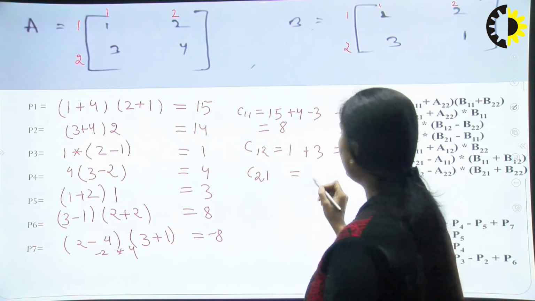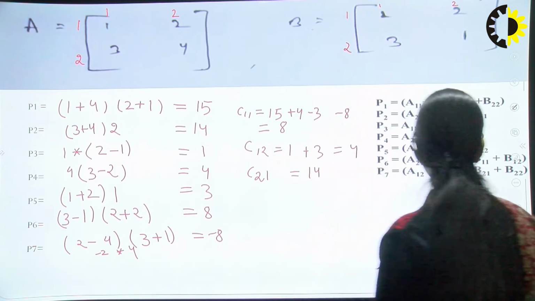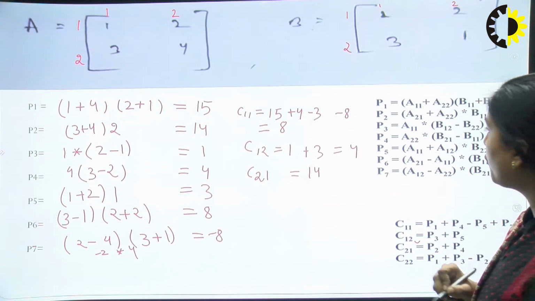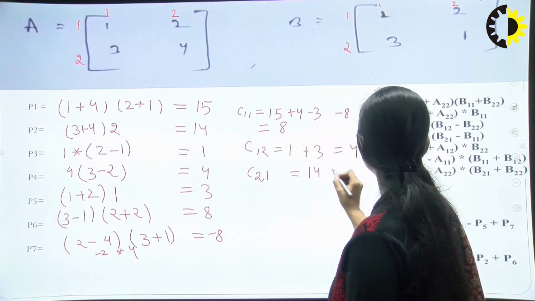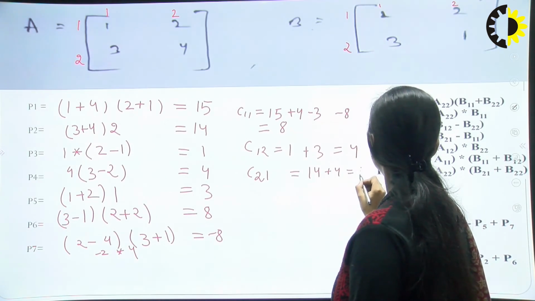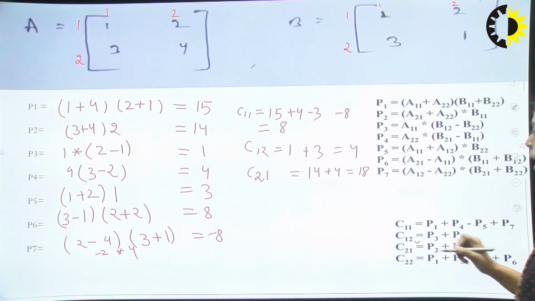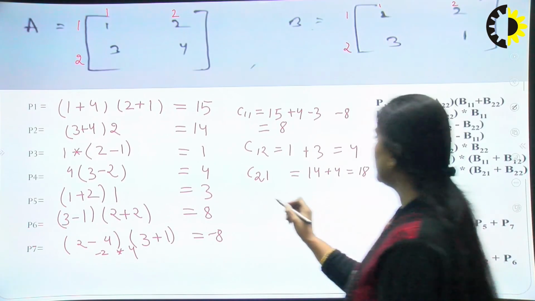What is the value of P2? Which is 14, plus P4. The value of P4 is 4, which makes 18.